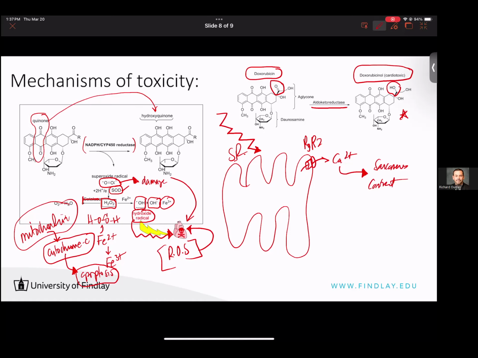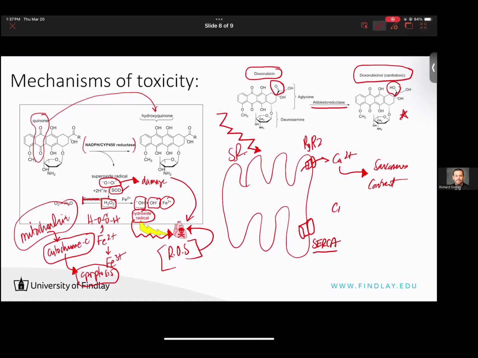Okay. Then we have another sort of protein or pump embedded in the surface of the sarcoplasmic reticulum. And this pump is called a SERCA pump. It's a sarcoplasmic reticulum calcium stimulated ATPase or something like that. I can't remember what the acronym actually stands for anymore.